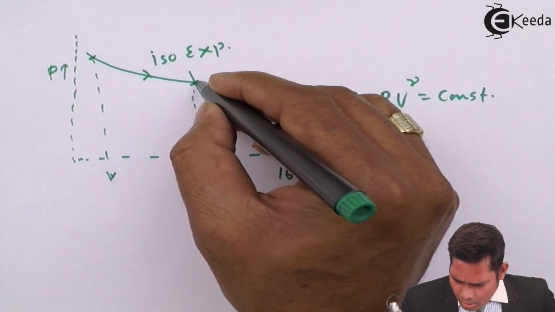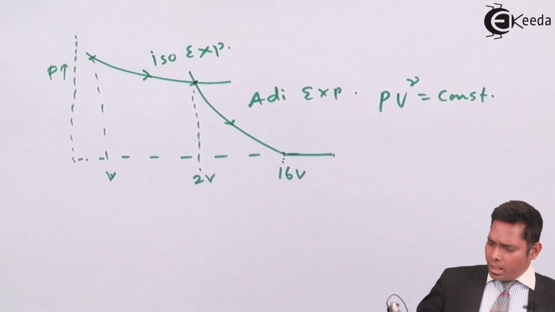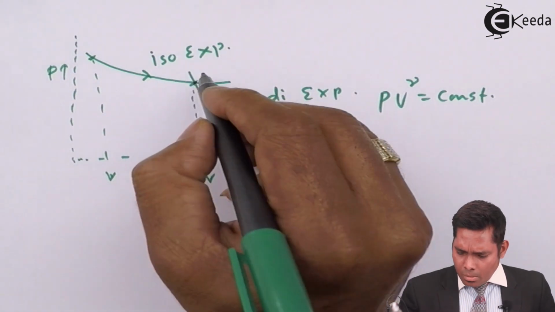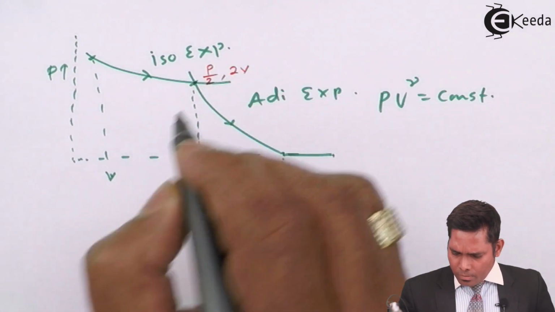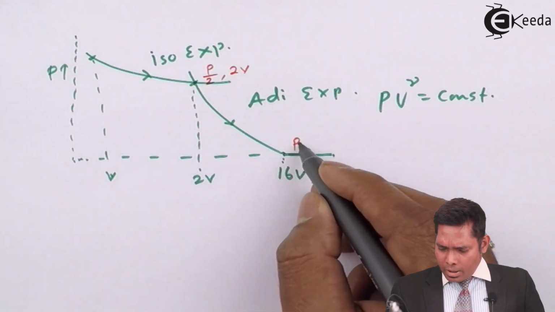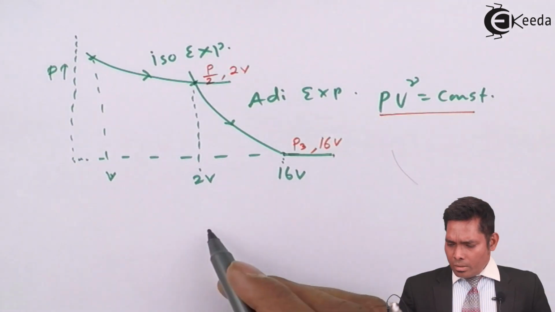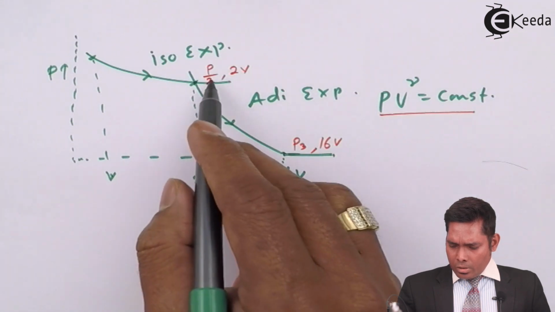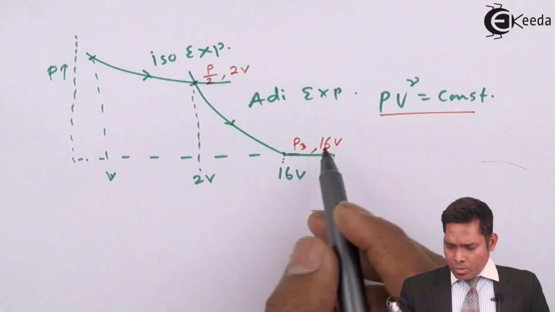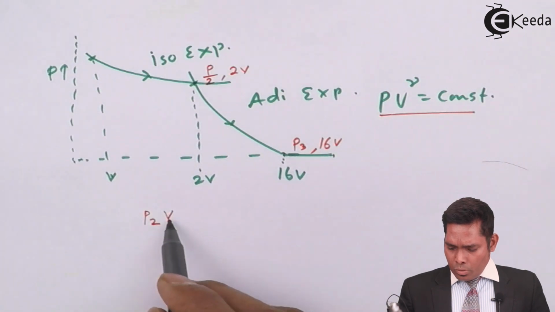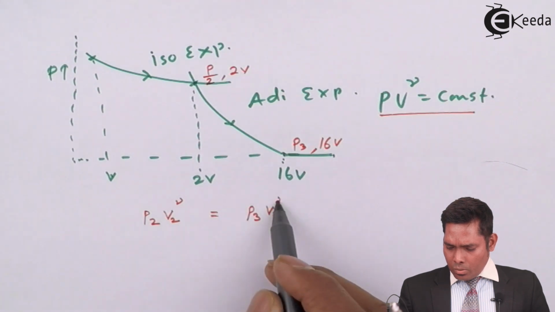From here to here, I have to note down the pressure and volume. The pressure there is P by 2, volume is 2V. The pressure here I don't know, that is P3, and volume is 16V. Suppose this is P2 V2 and this is P3 V3. So write P2 V2 raised to gamma is P3 V3 raised to gamma.